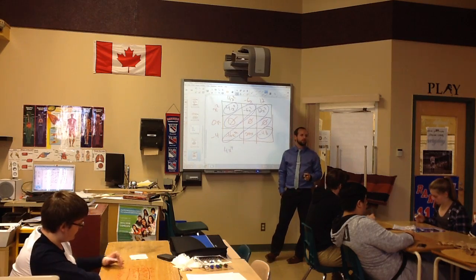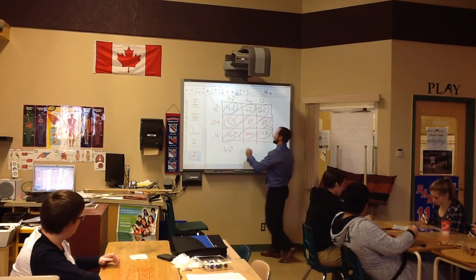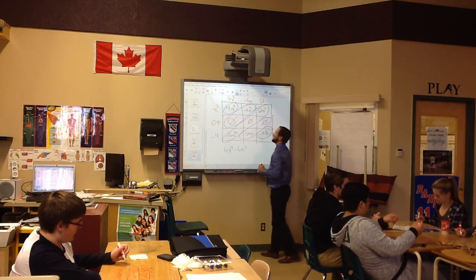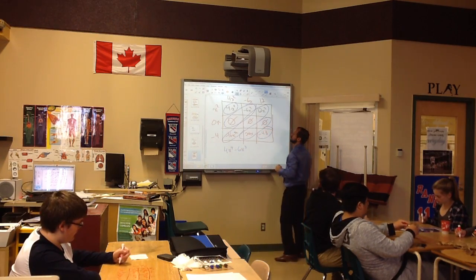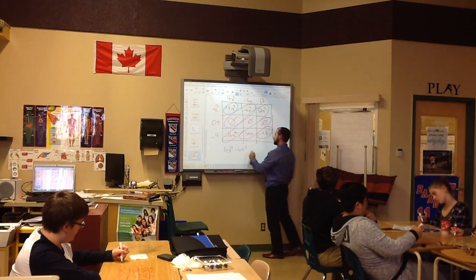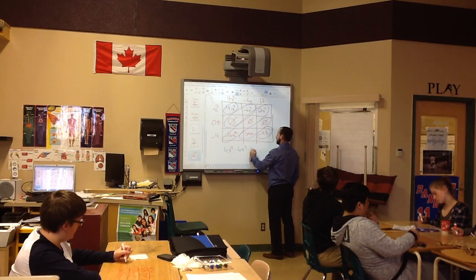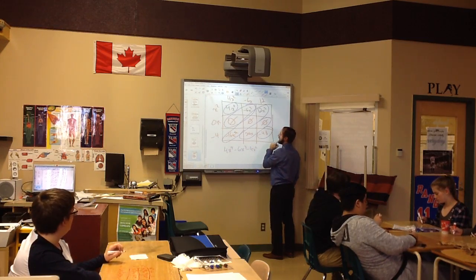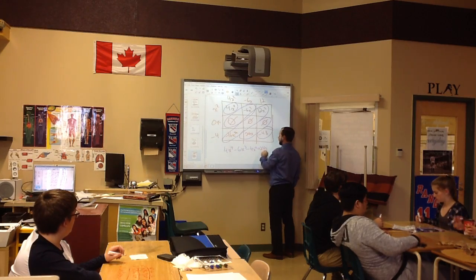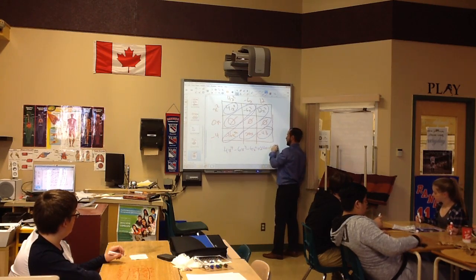Just this one, negative 6x cubed. How many have x squared? 2. 12x squared and negative 16x squared. What's 12 minus 16? Negative 4x squared. How many do I have that is just x? Just 24x. And then I have minus 48.